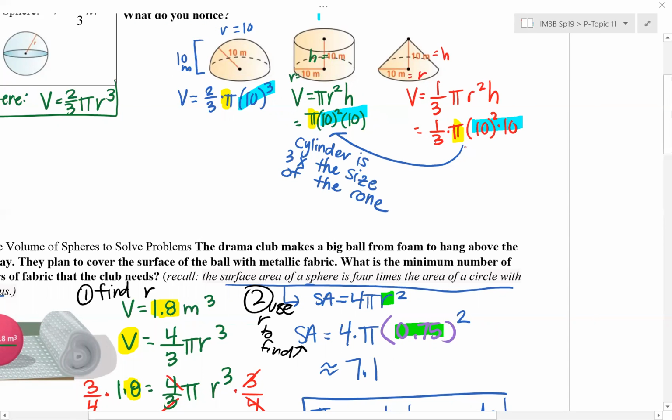And then how much bigger than the cone is the hemisphere? What do I have to multiply the cone by to make it the same space as the hemisphere? A 2. So see how that's 2/3 instead of 1/3, right? I double it. So the hemisphere is 2 times the size of the cone.